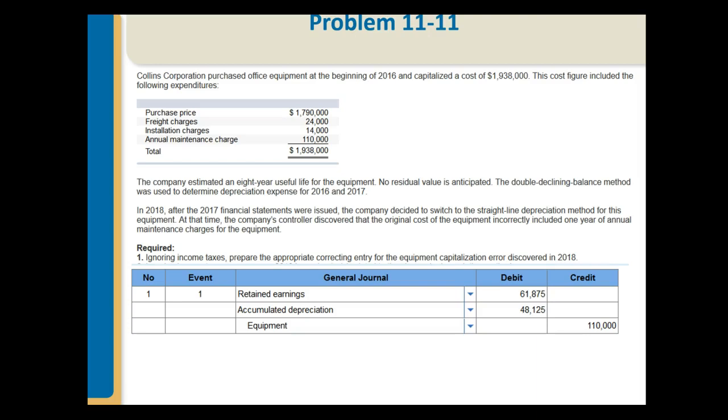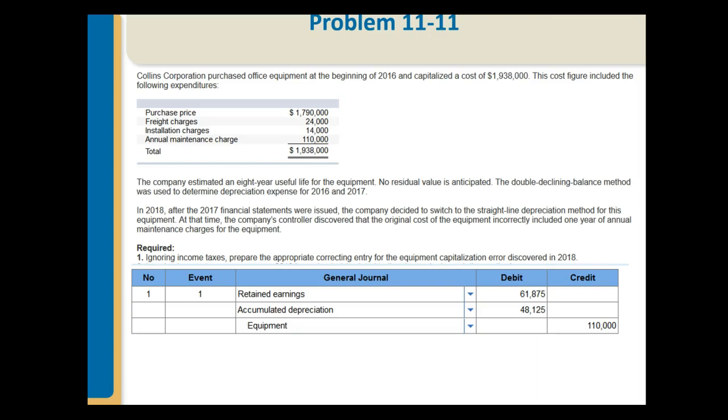This cost figure included the following expenditures. So we see a purchase price of $1,790,000, freight charges of $24,000, installation charges of $14,000, an annual maintenance charge of $110,000, which totals the $1,938,000.